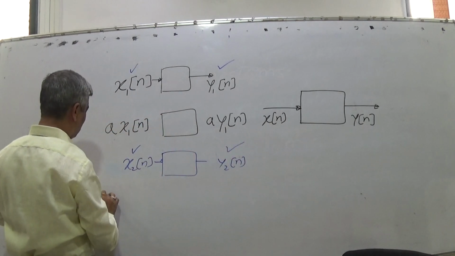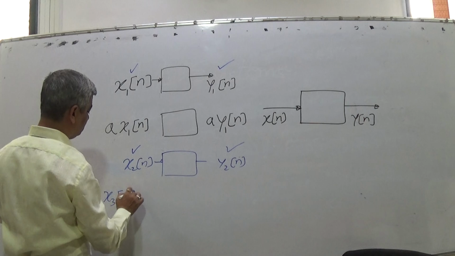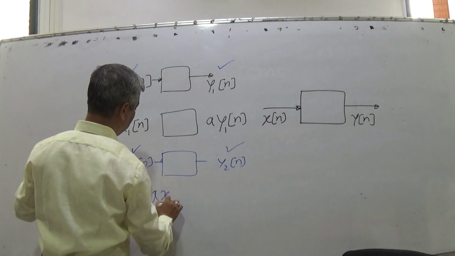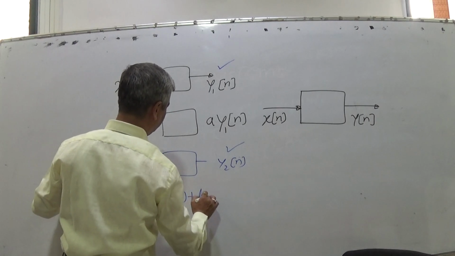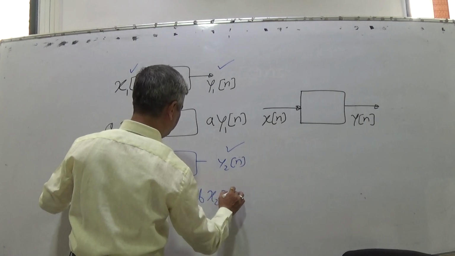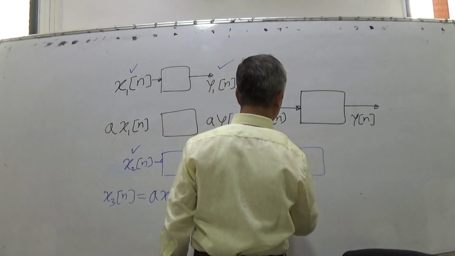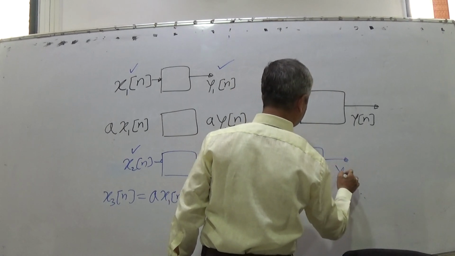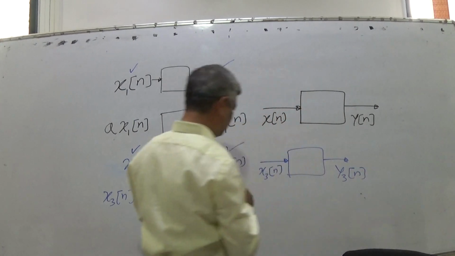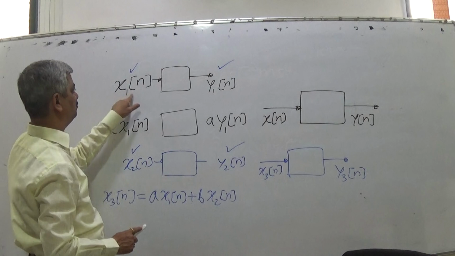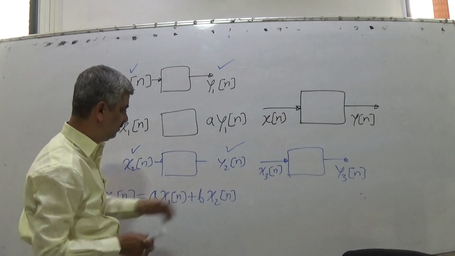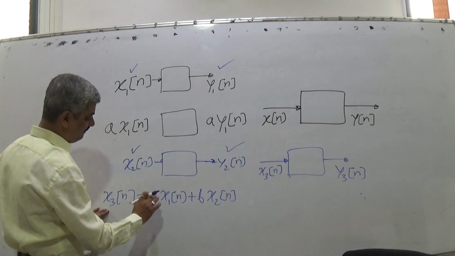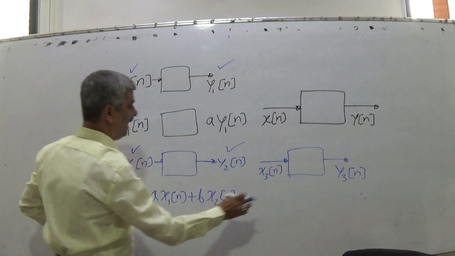If I apply x1[n], I obtain y1[n]. If I apply x2[n], I obtain y2[n]. Then if I apply x3[n], which is a linear combination of x1[n] and x2[n], made up of a·x1[n] plus b·x2[n], I obtain y3[n].